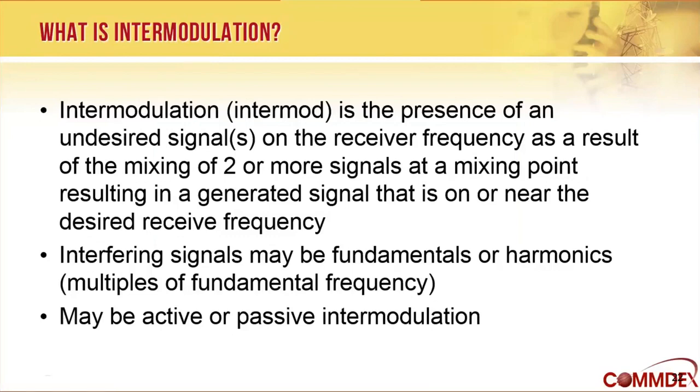And we can get those different kinds of sums and differences, and as unlikely as that seems, it happens all the time. When you have a crowded site, you have all the possibilities for intermod to occur. And they could be active, occurring in an active device, or they could be passive, occurring at a passive place.